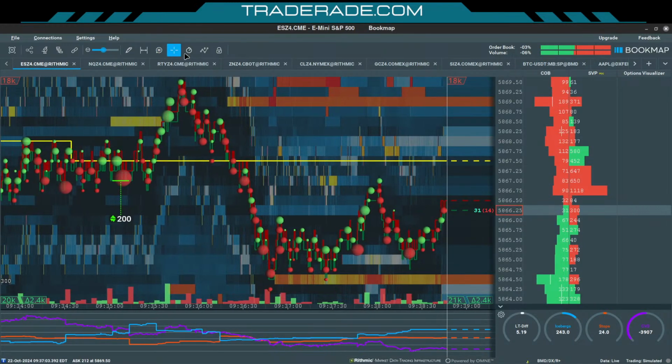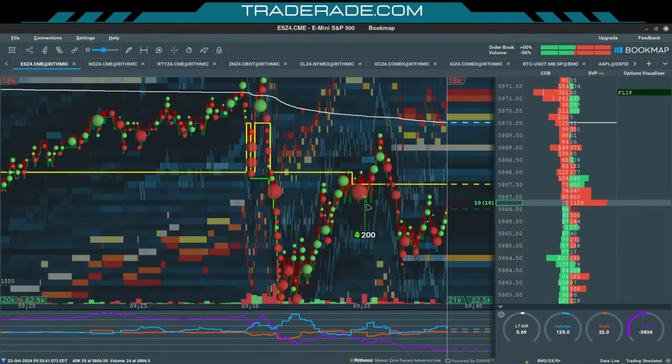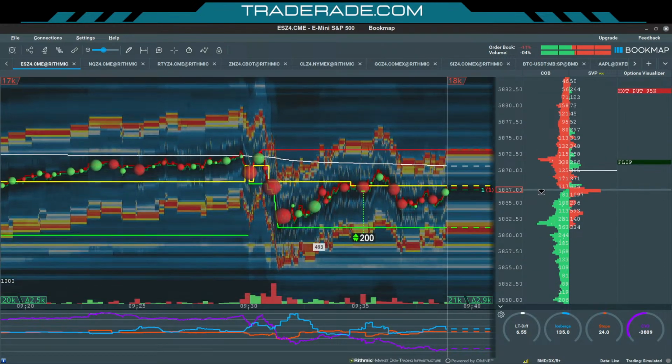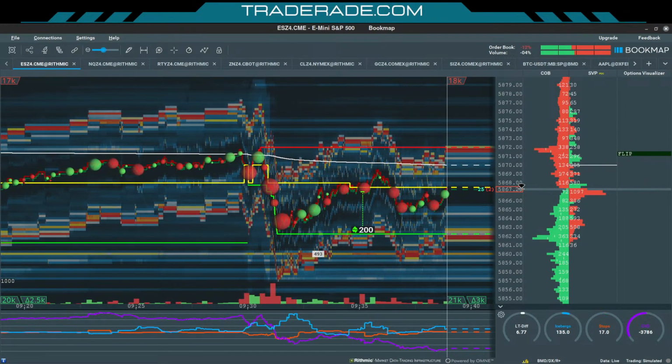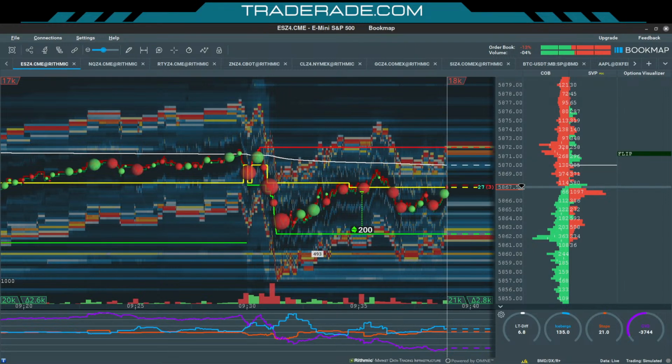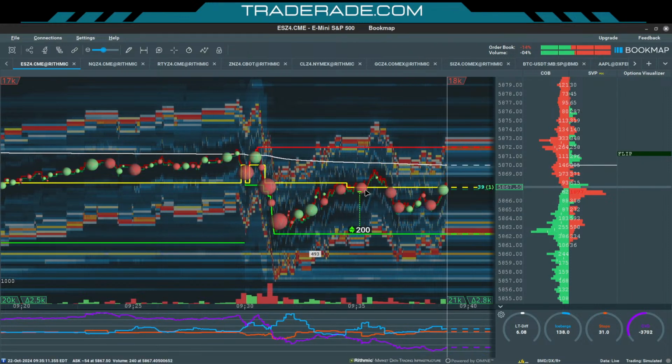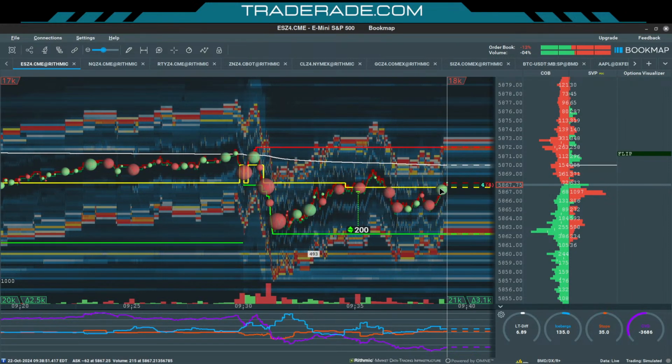Moving back to the S&P, and we're just going to zoom out a little bit to the 20-minute time frame and zoom out the price structure a bit here as well. We can see we're largely consolidating after that initial drop. We did see some passive buyers come in, about 200 contracts of ES bought just at the point of control by an iceberg buyer. Nothing too exciting so far to start the day.